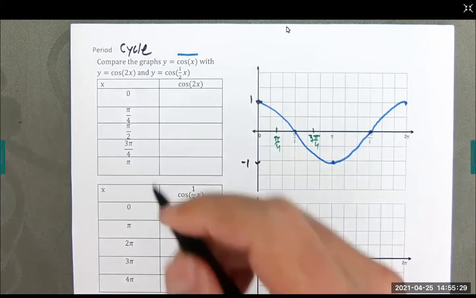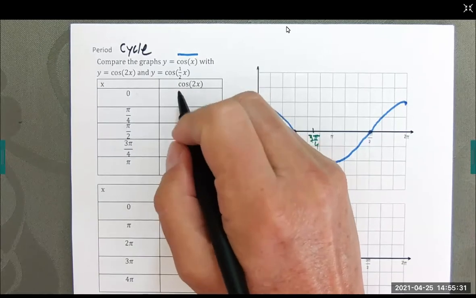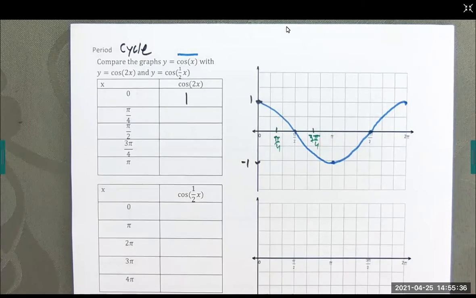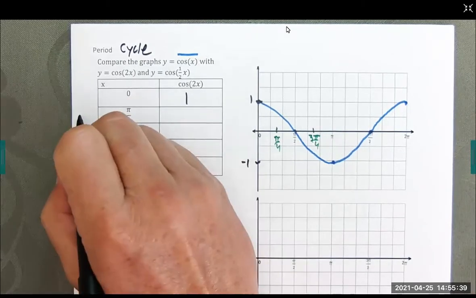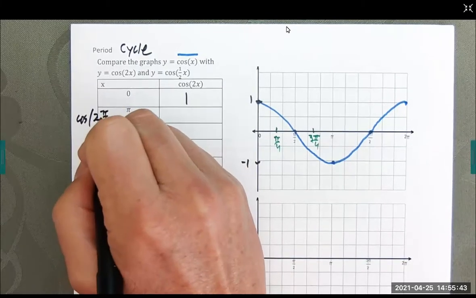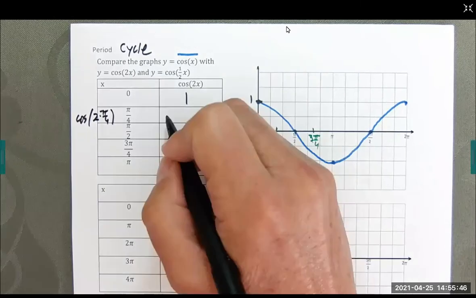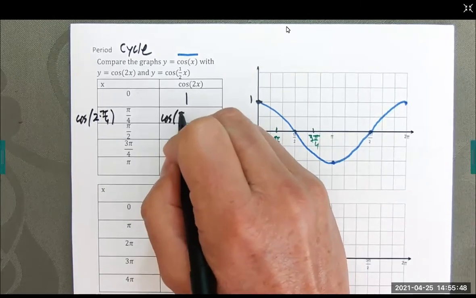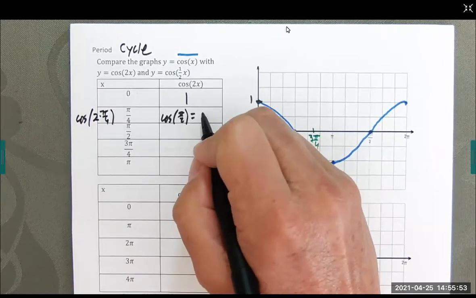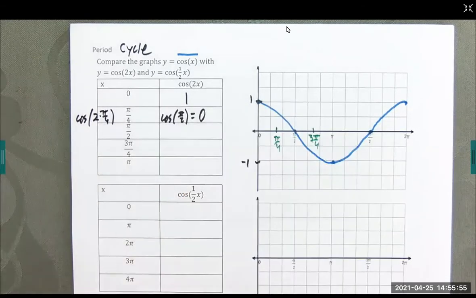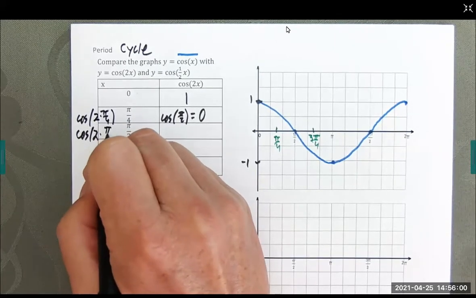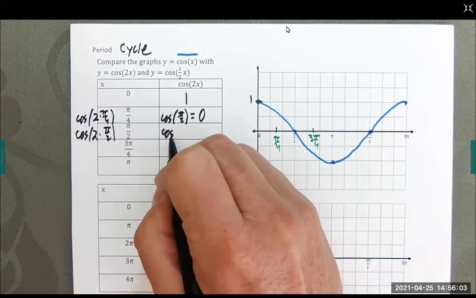Cosine of 0, 2 times 0 is 0, is still going to be 1. Now, this is actually cosine of 2 times pi over 4. And you can see that becomes cosine of pi over 2. And cosine of pi over 2 is 0. This becomes cosine of 2 times pi over 2 now, which is now the cosine of pi.